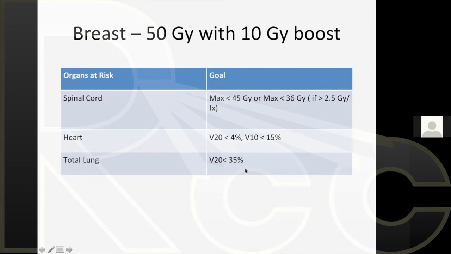This is given to our planning person, whether it's your physicist or your dosimetrist, and this is what we're trying to hold to. But again, remember what I just said: we can hold to this, but you also have to treat the disease.